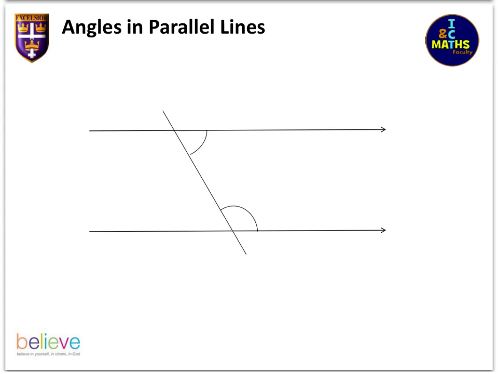Perhaps the biggest problem some people have with bearings is that they don't realise that it's about alternate, corresponding and allied angles. They don't always realise the parallel line situation.